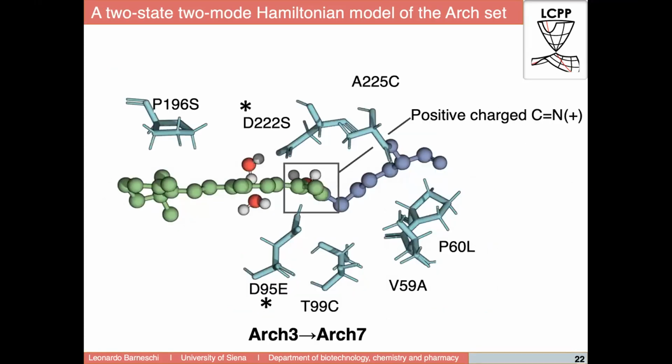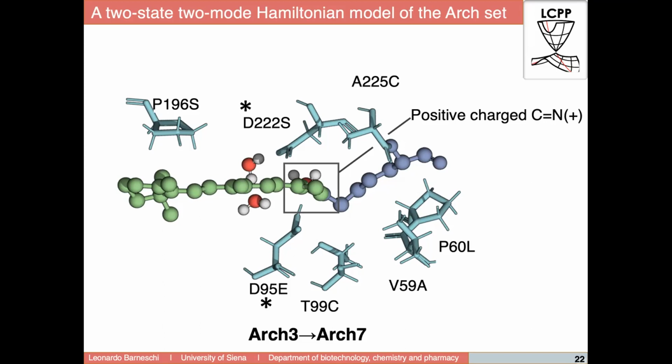In the end, we wanted to look at what is really determining, at the molecular level, the shape of the potential energy surface. We did that by comparing the most and the least fluorescent models, which feature just 7 mutated positions.